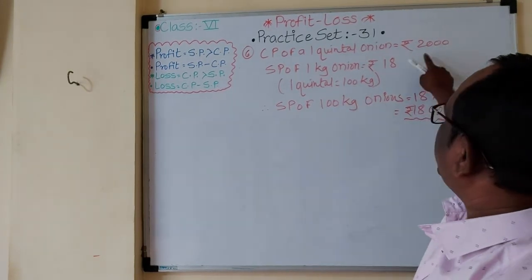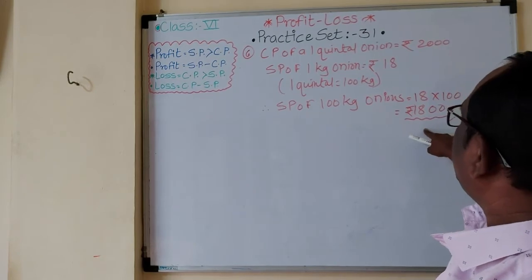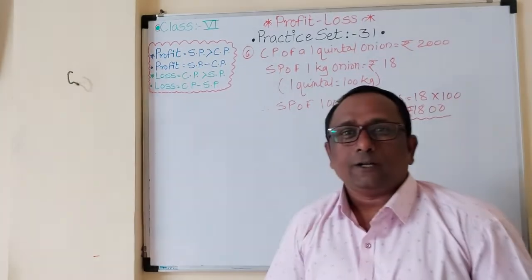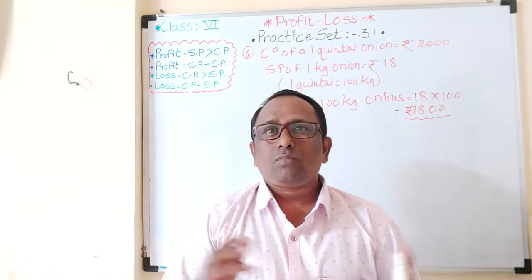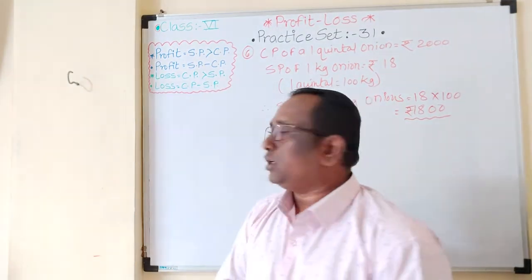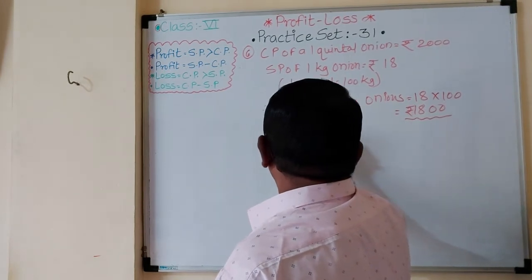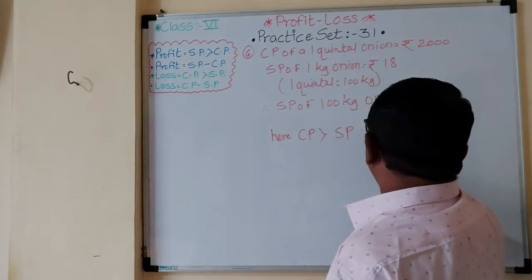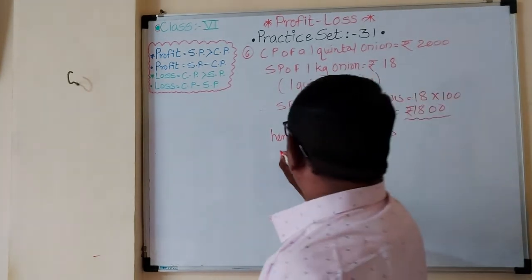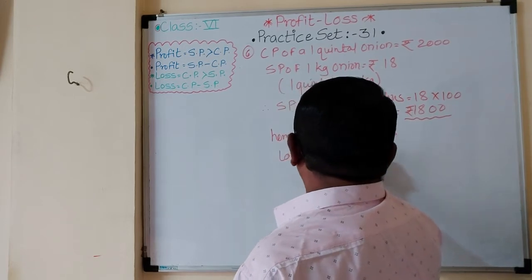So now the cost price is 2000 rupees. The selling price is 1800. So here obviously, students, loss. Okay. So here you can write CP is greater than SP. Therefore loss.